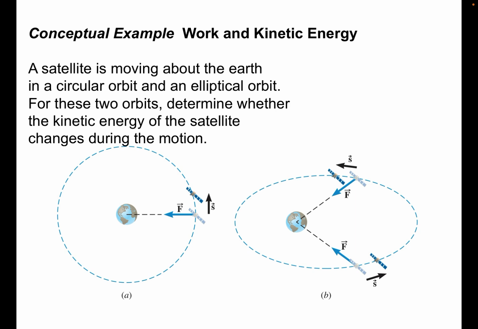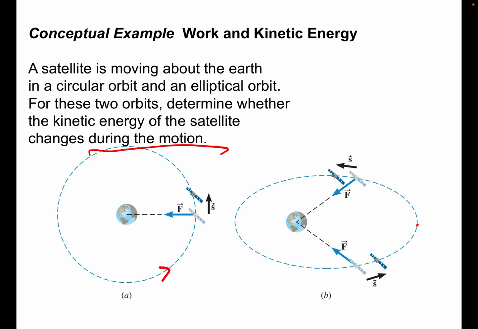So the question is, we have these two orbits, and whether the kinetic energy of the satellite changes during the motion. It's quite obvious for the circular orbit: the kinetic energy of the satellite doesn't change. Then how about this elliptical orbit?